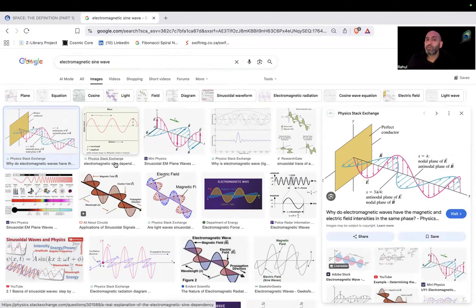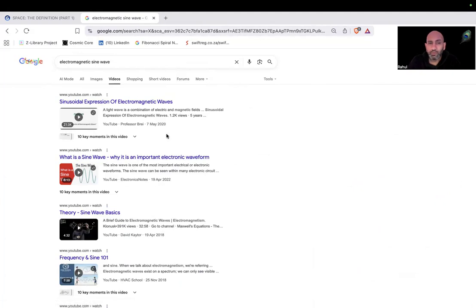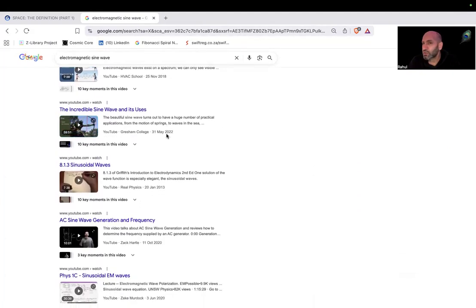This once again goes back to how I know they don't know, because whenever they show this, it's always that both waves propagate in the same direction.